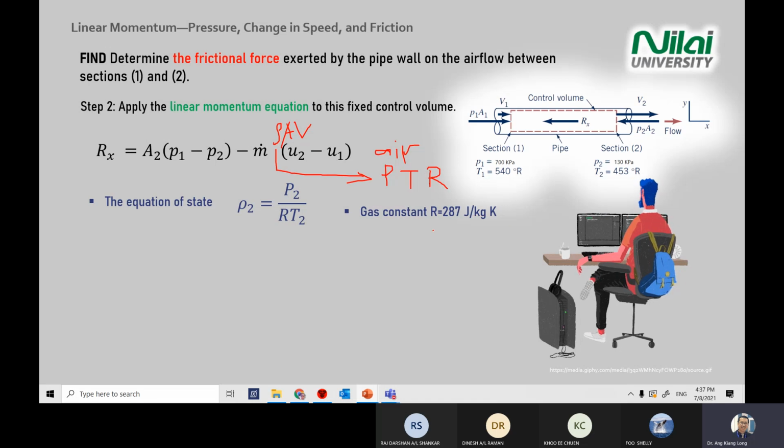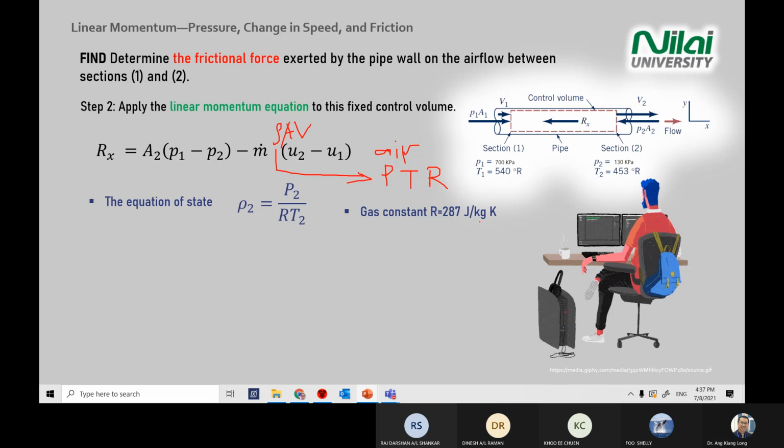This one I will give you when it comes to the test or exam. You will have a table at the last page of your exam paper. You need to refer to that particular temperature, then you have the R value. So in this tutorial, we will use a gas constant value of 287 joule per kilogram Kelvin.